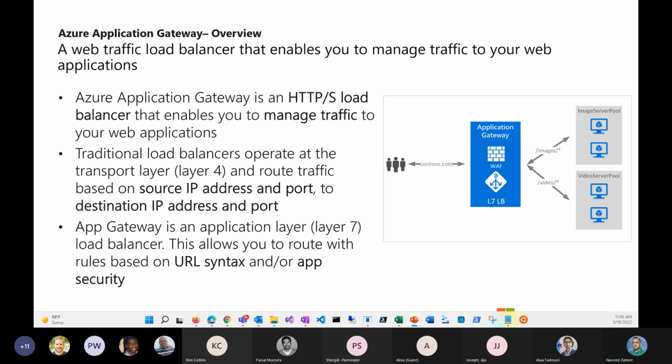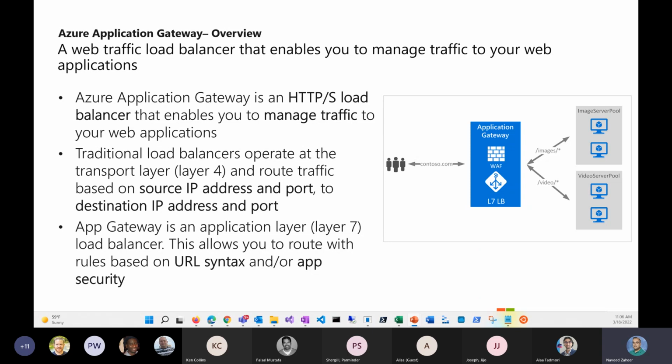And one of the key features that it provides is that it's able to not only load balance public endpoints, so you can have an App Service behind it, but you can also have private endpoints behind it. So you can have, let's say, VMs running in a VNet, or other services that have endpoints.